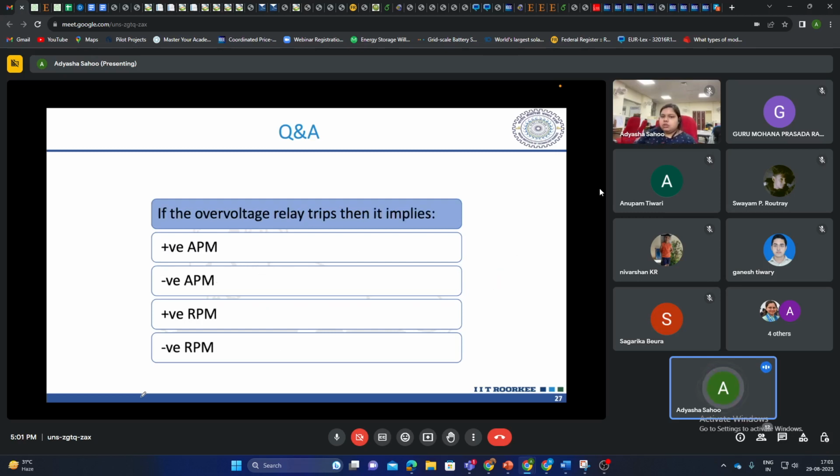The next question is a nice one. If the overvoltage relay trips, then what does it imply? A positive active power mismatch, negative active power mismatch, positive reactive power mismatch, or negative reactive power mismatch? Positive reactive power mismatch, we got one.